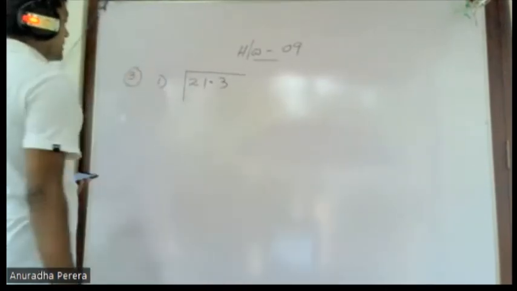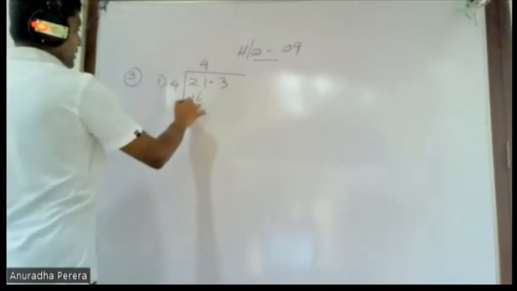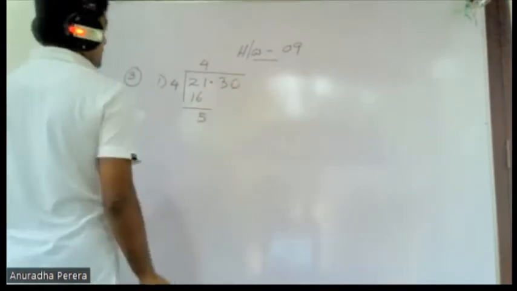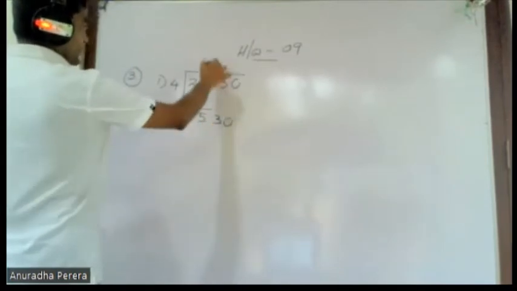The complete square less than 21 is 16. Square root is 4. 4 into 4, 16. Take this 3. Next pair after the decimal point.